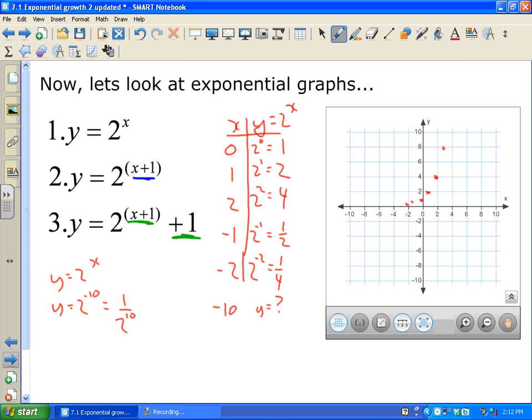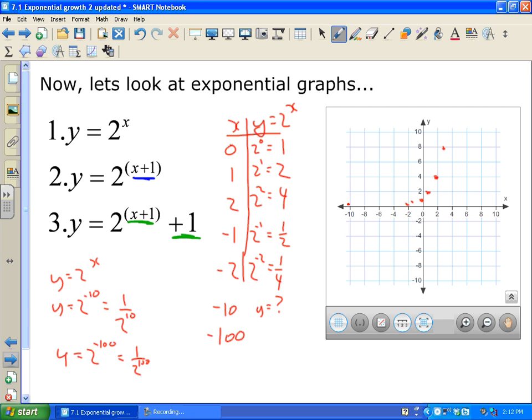In fact, over here at negative 10, I'm going to have a number really, really close to 0. And if I have negative 100, that number is going to be super small.